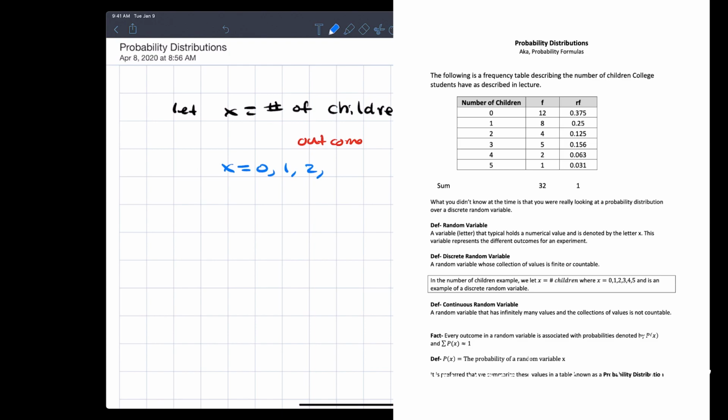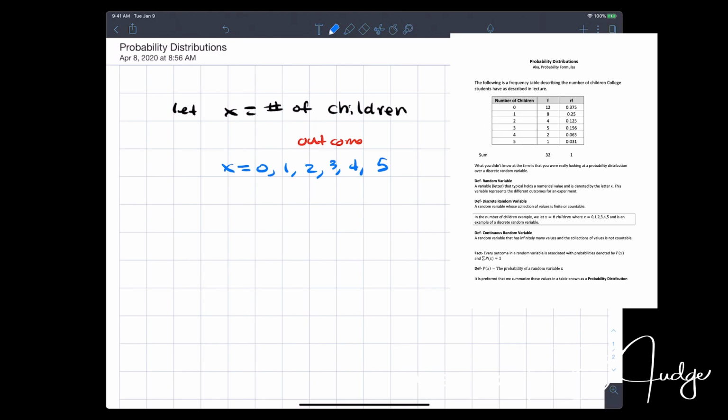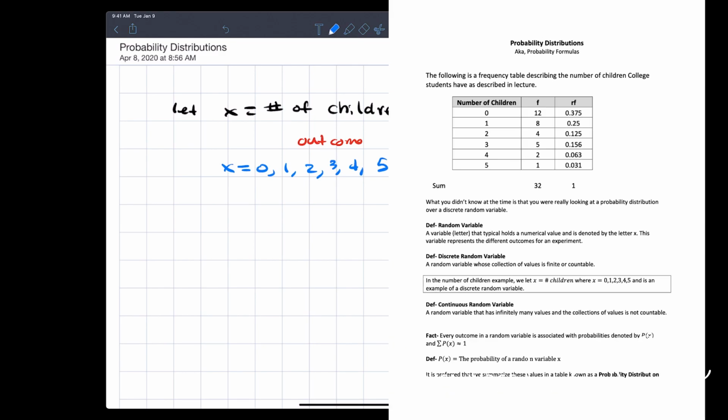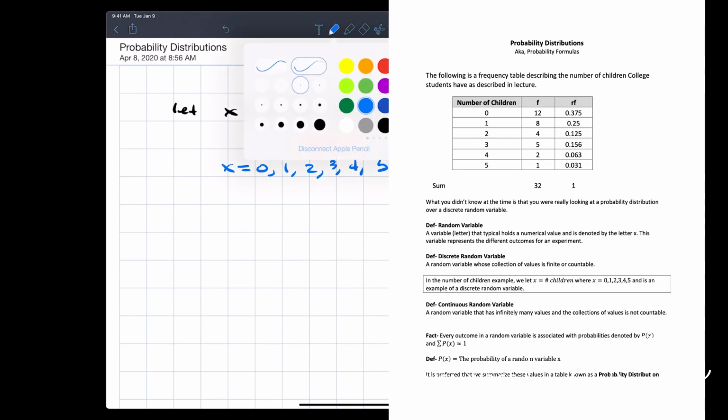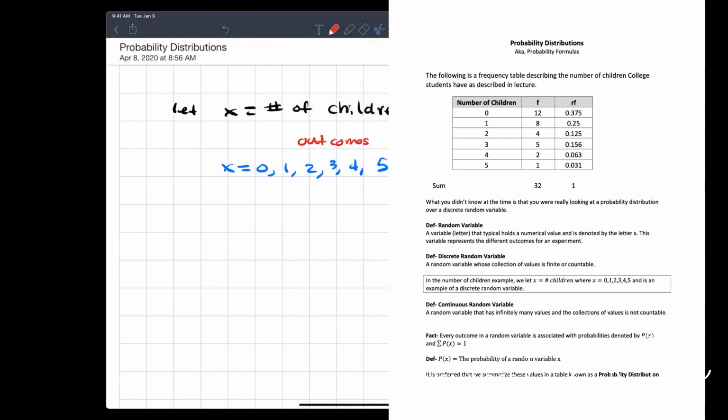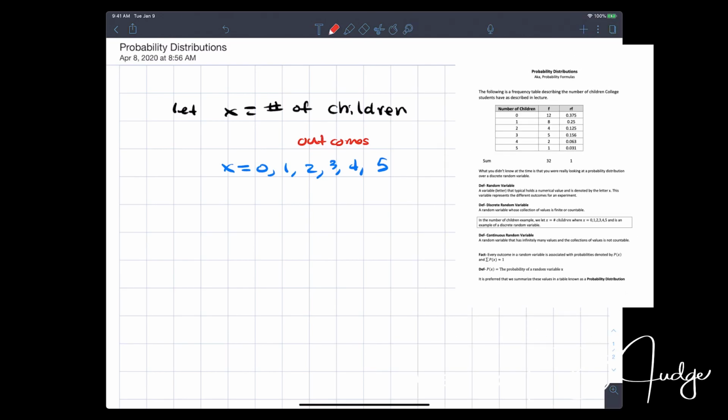What's the most number of children that people have in this table? Thank you, Yvette. We stop at 5. Good job. Okay. So we have here as outcomes 0, 1, 2, 3, 4, and 5.